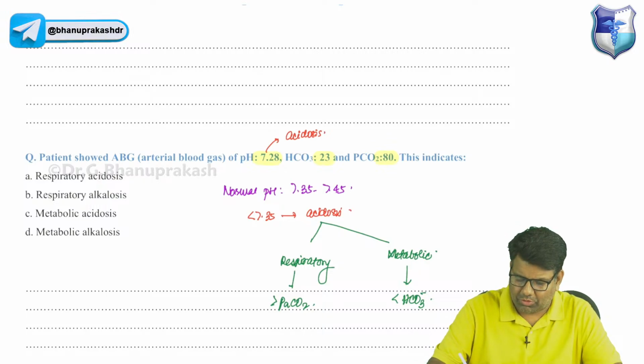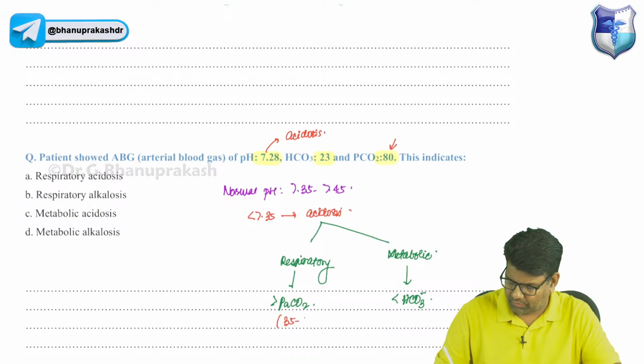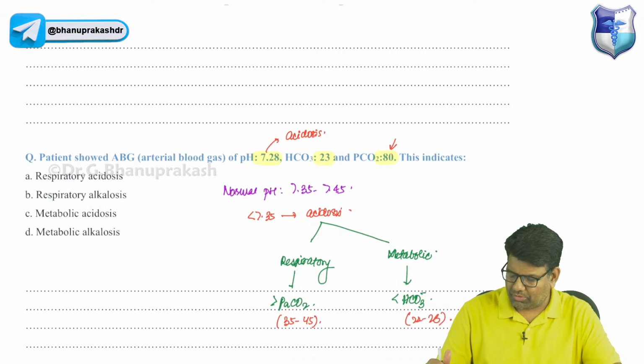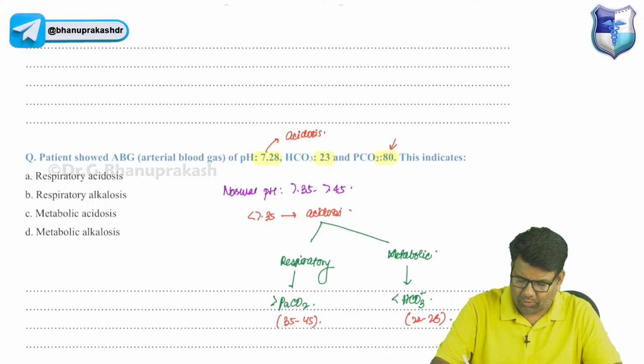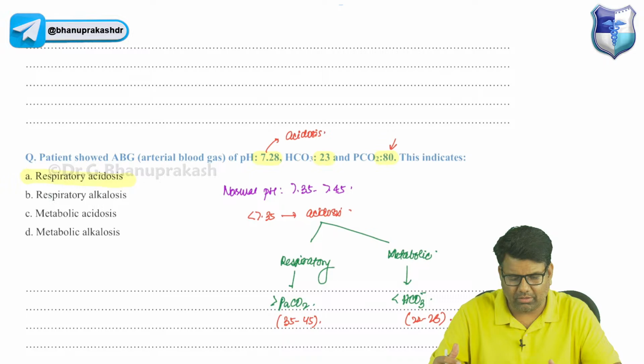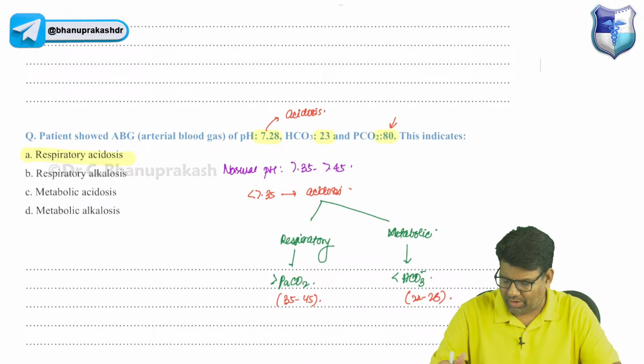So in the question we have a PaCO2 of 80, which is higher than the normal range of 35 to 45, and bicarbonate is normal. So this comes out to be a case of respiratory acidosis. This is how you can make this kind of question easy, provided you just apply the concept peacefully.